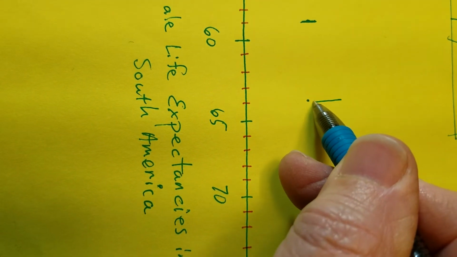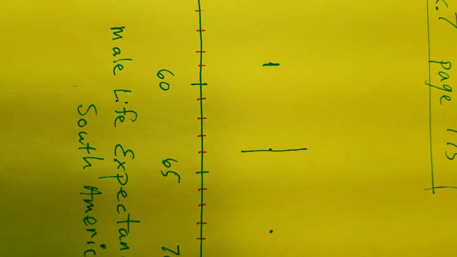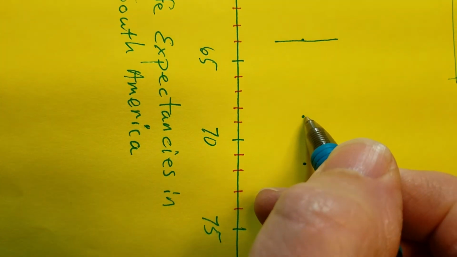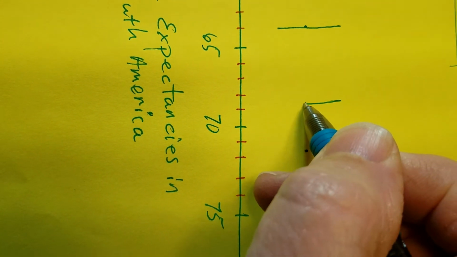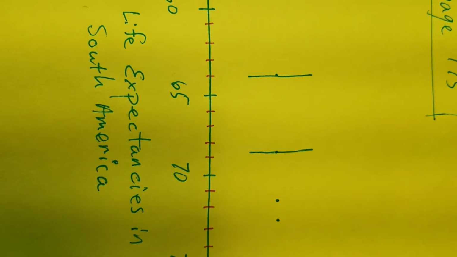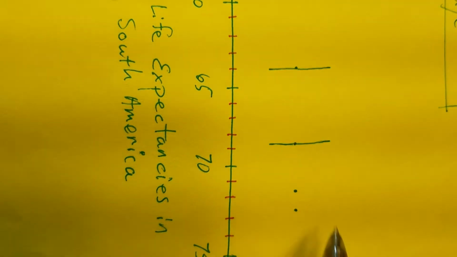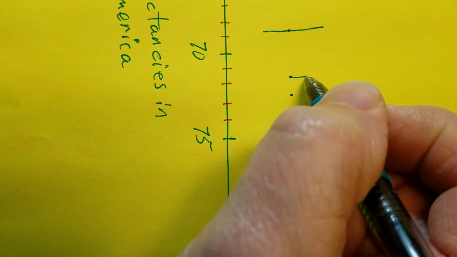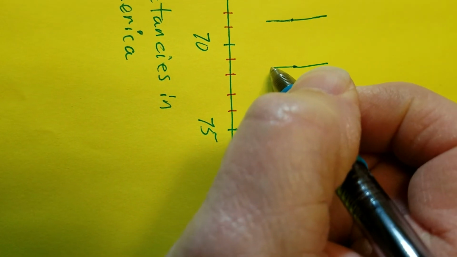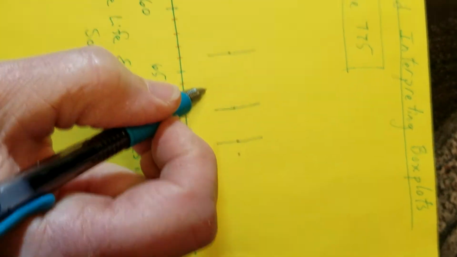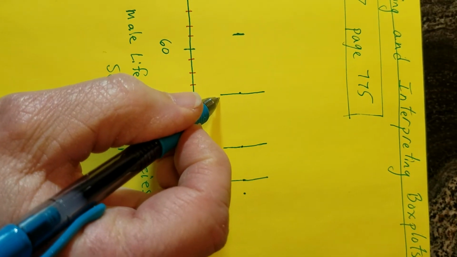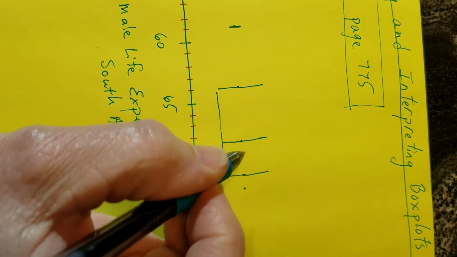Now that one you make a little bit bigger. Then you go to your median and put a line, same type of line. Then you go to your upper quartile, your Q3. Now when you get those in here, sorry about jumping all over the place, but you'd make your box.